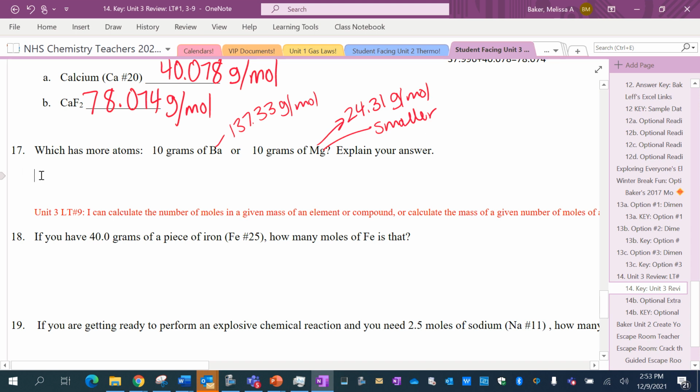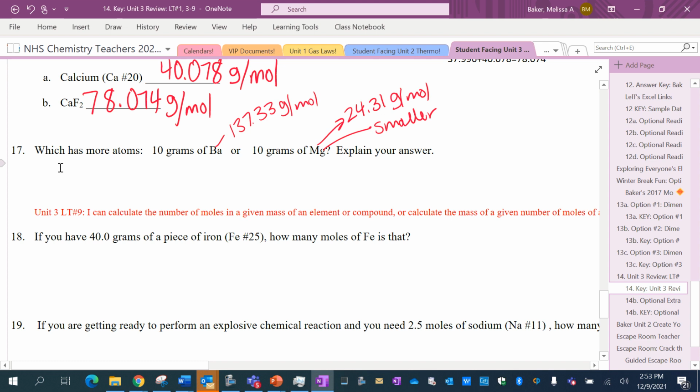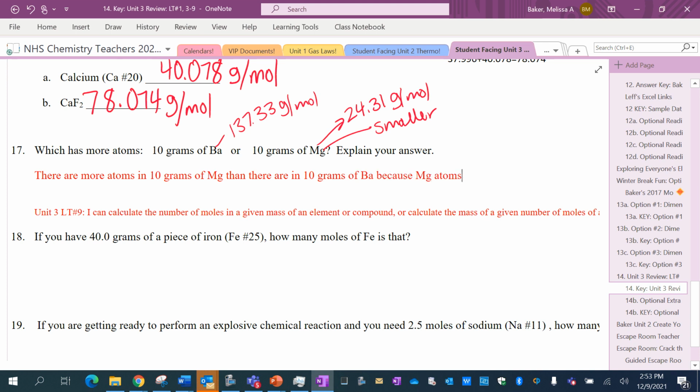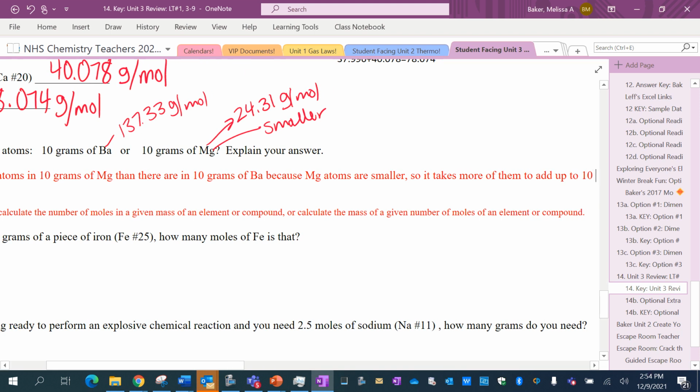There are more atoms in 10 grams of magnesium than there are in 10 grams of barium because magnesium atoms are smaller, so it takes more of them to add up to 10 grams.